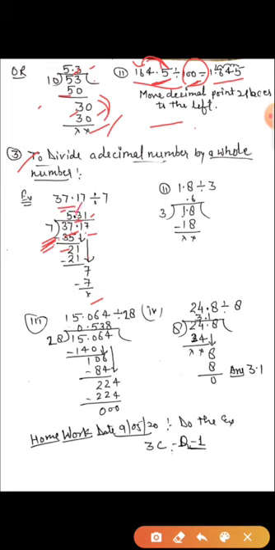Now write the decimal here. Then we write the 1 together with 2, and we have 21. We can easily divide now. 7 3s are 21. Then 7 is left here, so write down the 7. Now read the table: 7 1s are 7. So this is decimal division.